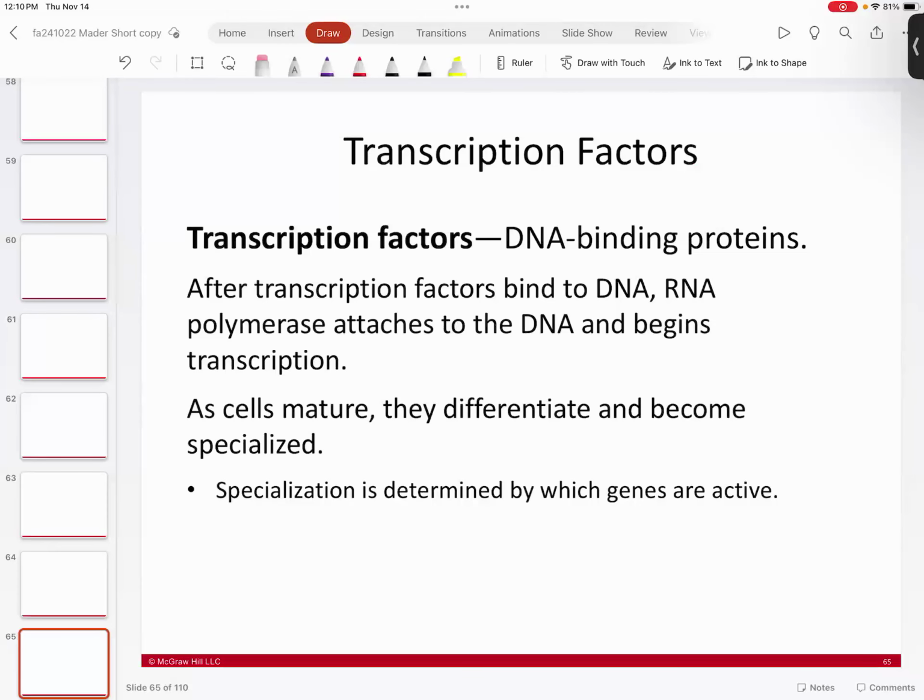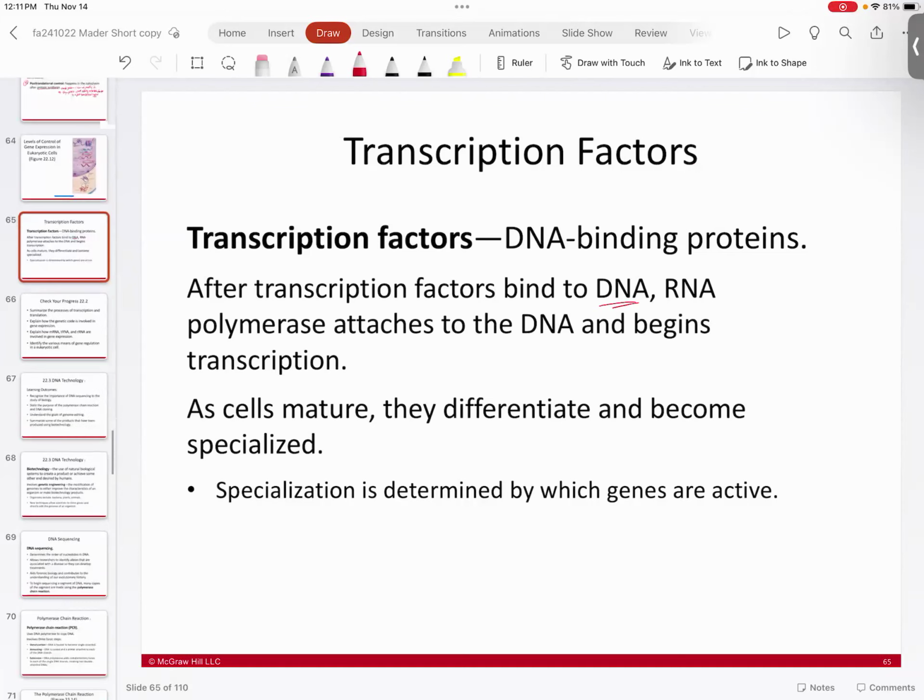Back to business. Now transcription factors basically are other proteins. They're usually DNA binding proteins, and they'll help set up this process. So they tend to bind to DNA. For instance, RNA polymerase will attach to DNA and it begins transcription.